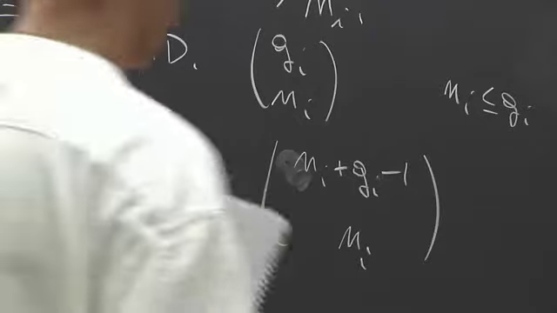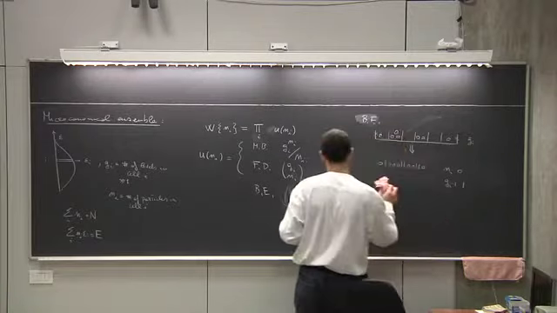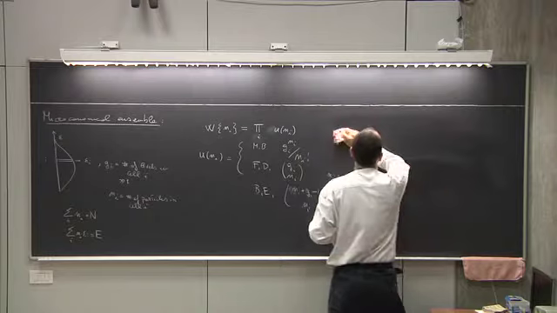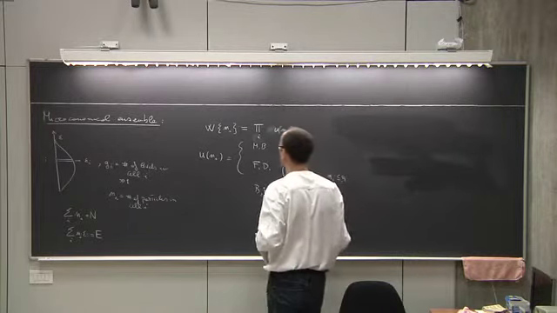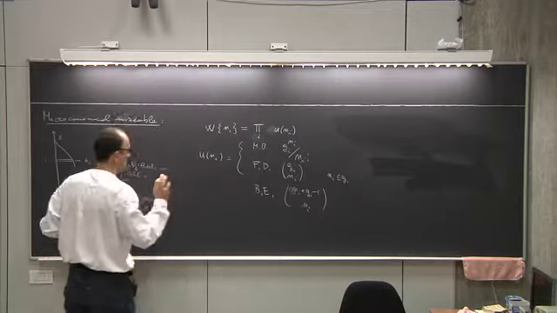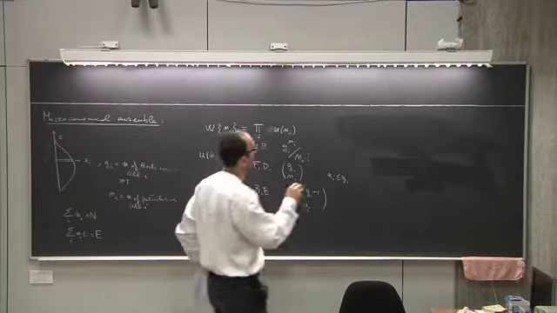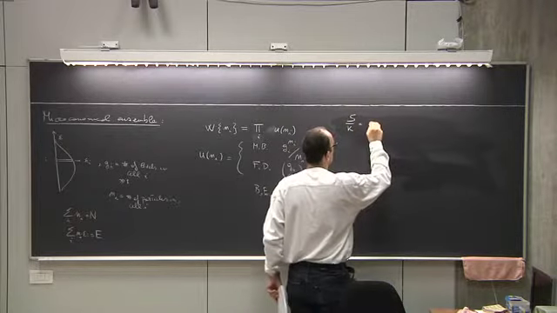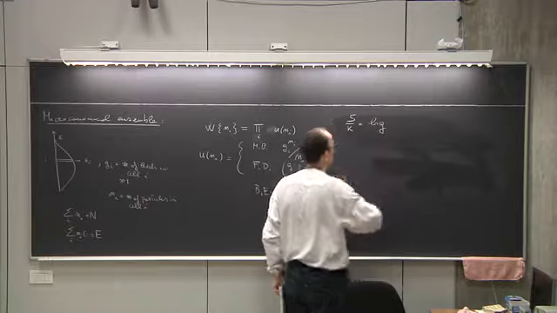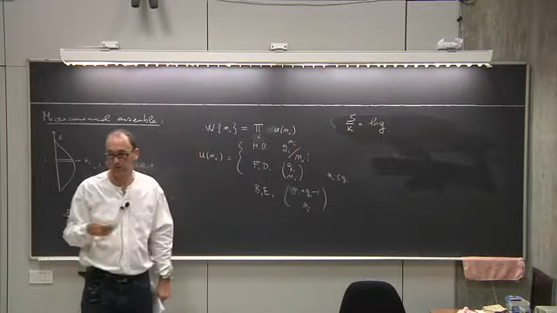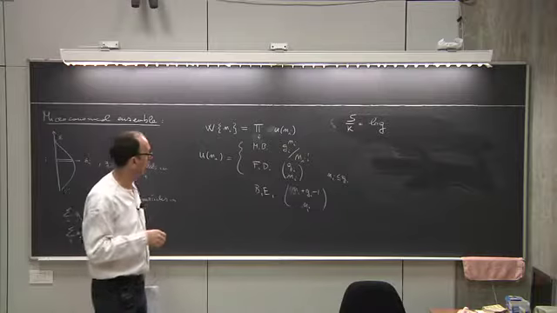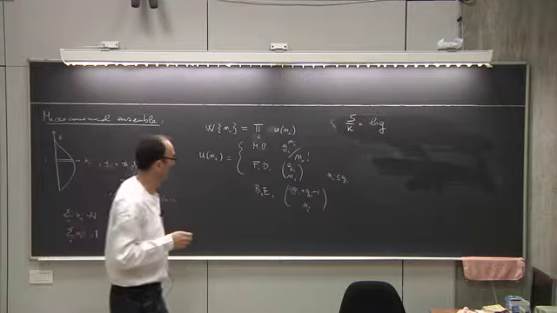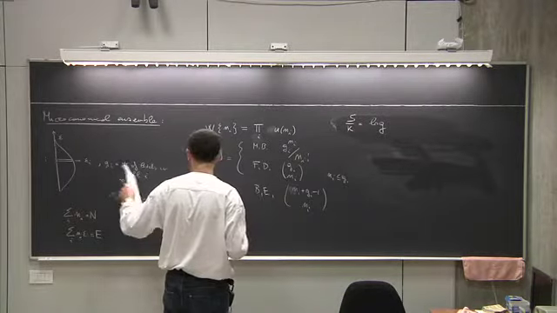Okay, so now given this, we can compute the entropy. So the entropy S divided by k will be equal to the log of the total number of all the possible ways in which I can put these particles into these states.